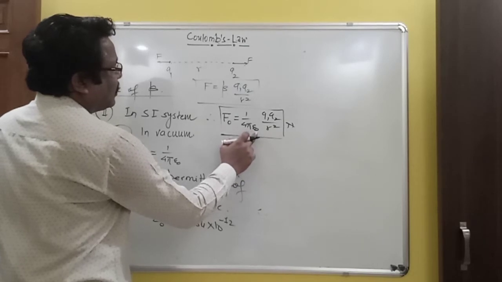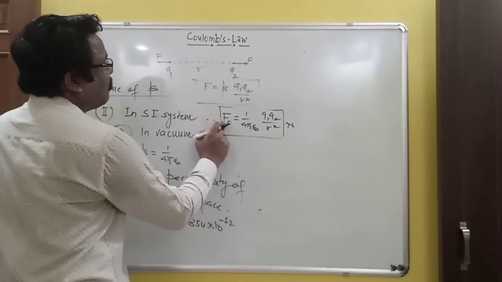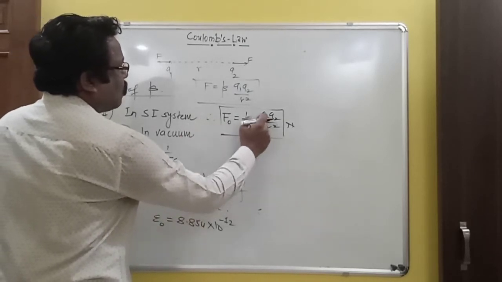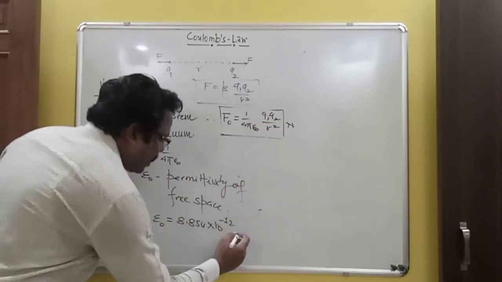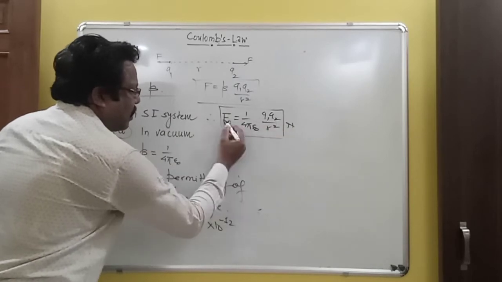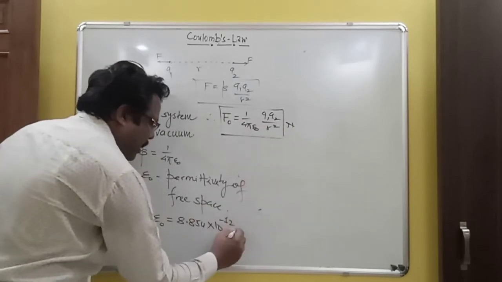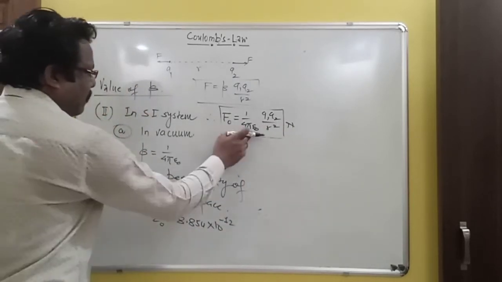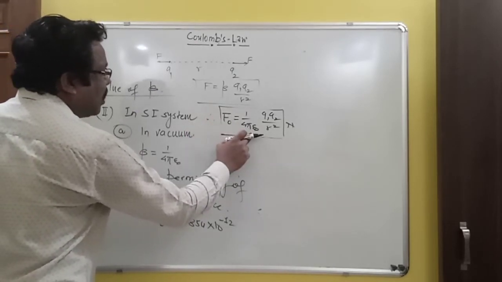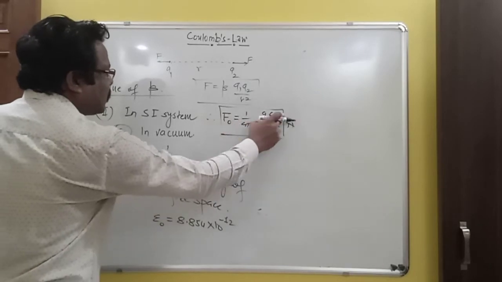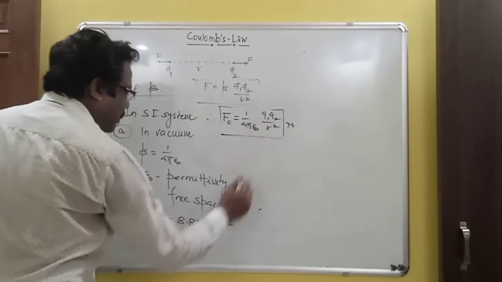And from here you may write its unit also. How? If you take this epsilon naught to the left hand side and force to the right hand side, you will get Coulomb square per Newton per meter square. So the unit of epsilon naught is Coulomb square per Newton per meter square.